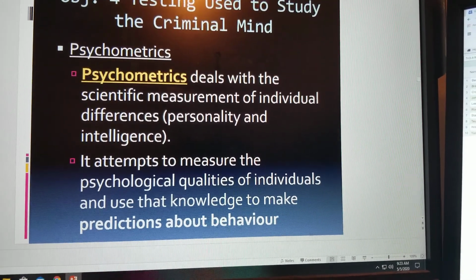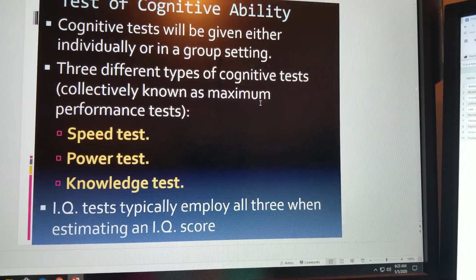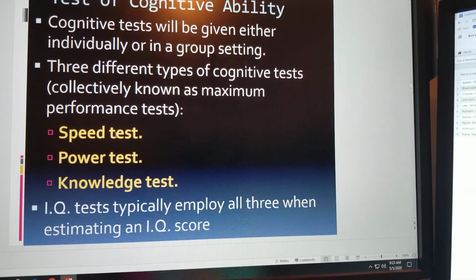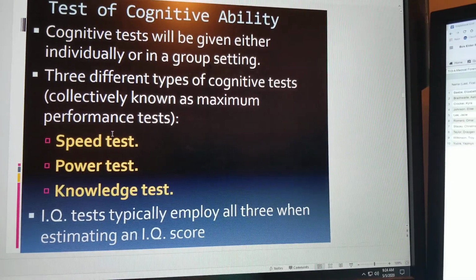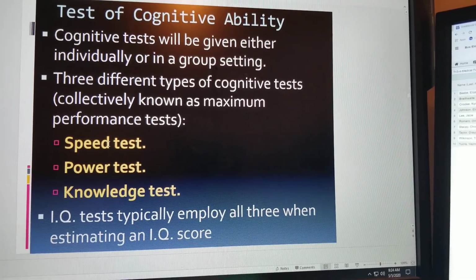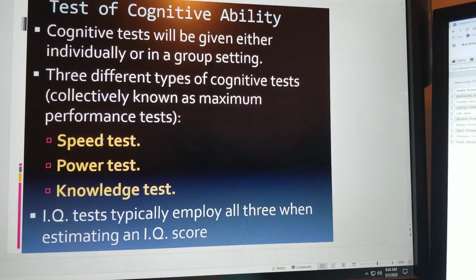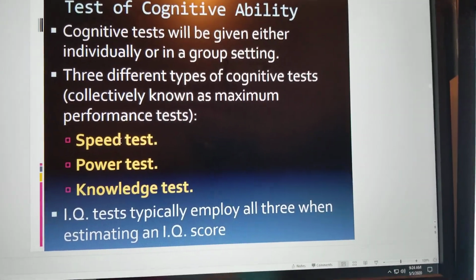Let's just skip to what those are. When it comes to your intelligence, the cognitive part, you have speed tests, power tests, and knowledge tests. Speed is how quickly you can process information, and the answers are very narrow, so it's pretty clear what the answer would be.